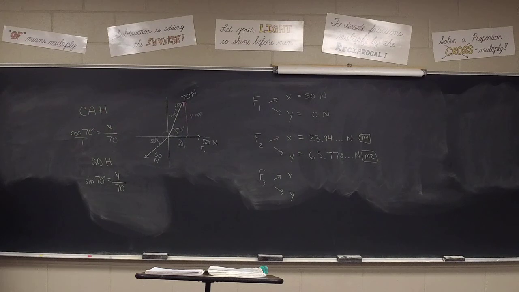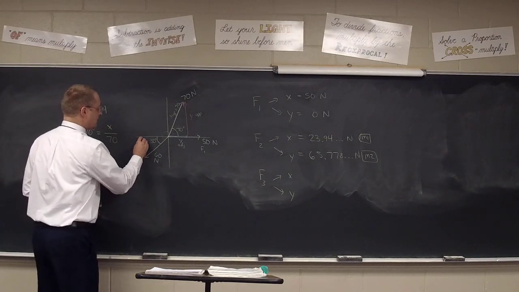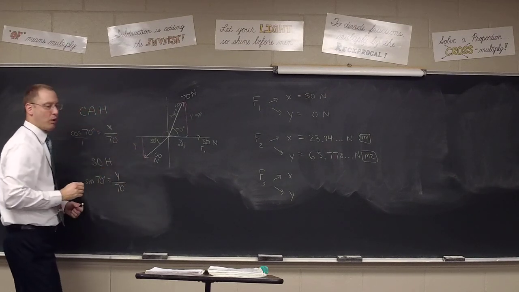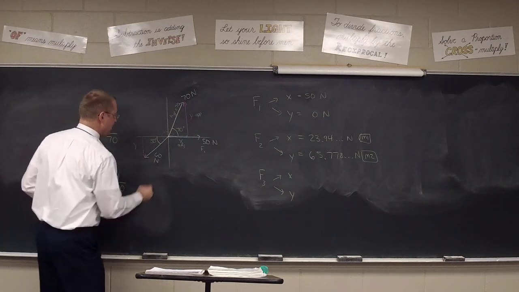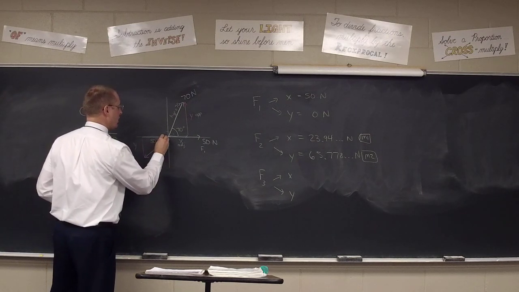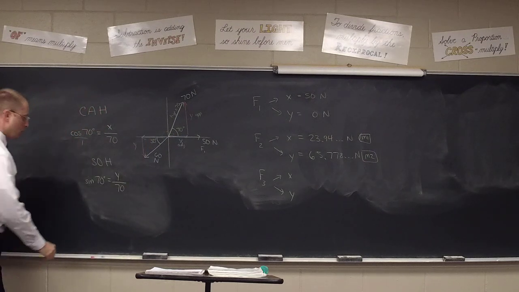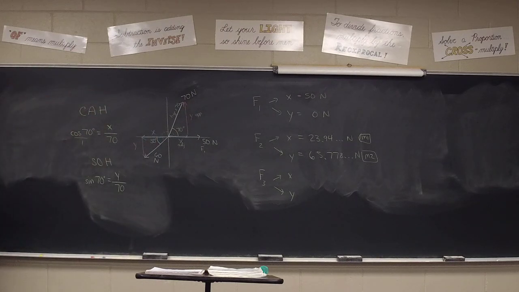Then we come to our final one, and there's a couple ways you could do this one. We realize that the y goes downward, negatively. We realize that the x is going backward, negatively. So when we get our x and when we get our y, we're going to need to put a negative on both of them.